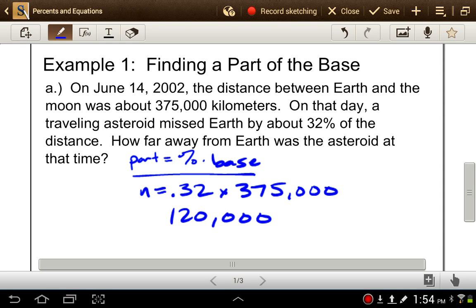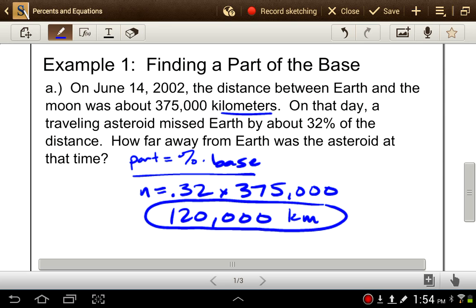My answer is in kilometers, so 120,000 kilometers. That's it. So these two steps are the work that I would need to see: showing your work of setting it up, and then your answer. I'm going to move on to the next example. If you need to pause it, go ahead.